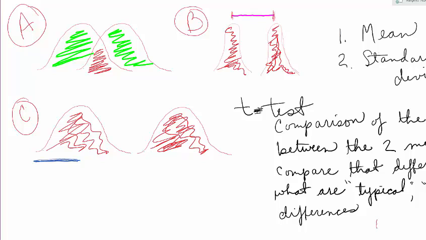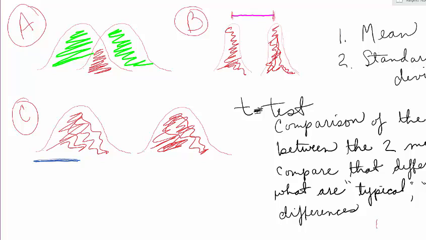So, if the difference between two groups exceeds what you might believe are normal differences, then you would say, oh, well, we found a difference that is truly significant. It's not a normal difference. It exceeds a normal difference. So, therefore, since it exceeds a normal difference, by some measure, whatever our standard is going to be, then we are going to call it truly different. That, my friends, is a t-test.